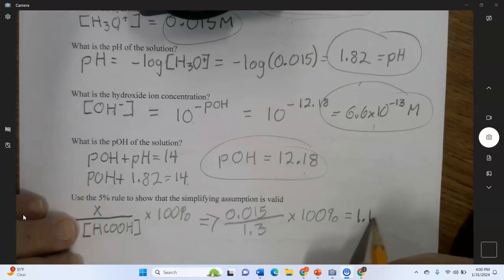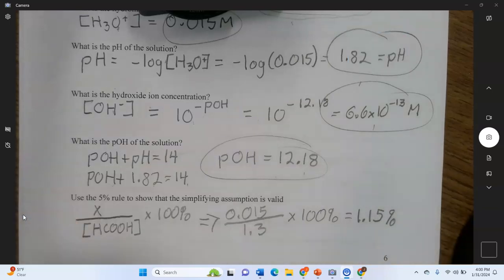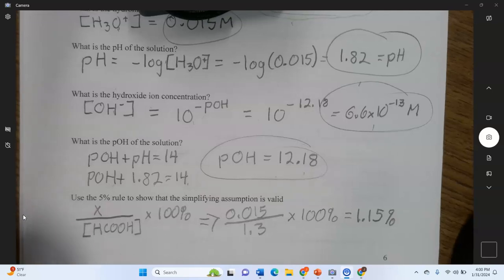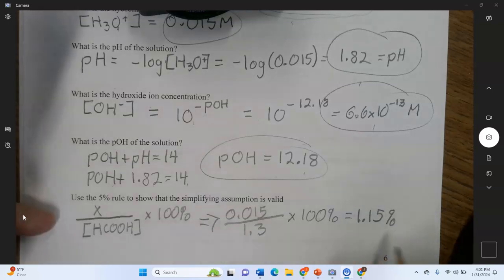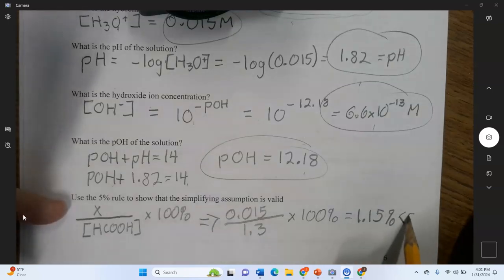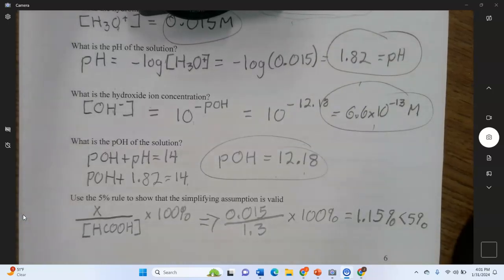I'm not sure that's what I got in class. Let me just double check that, okay? But it's less than 5%, and it definitely is going to be less than 5%. 0.015 divided by 1.3 times 100. Okay, well that's what I got. So 1.15% is less than 5%. So that means the simplifying assumption was valid. All right, and that's how you do that problem.